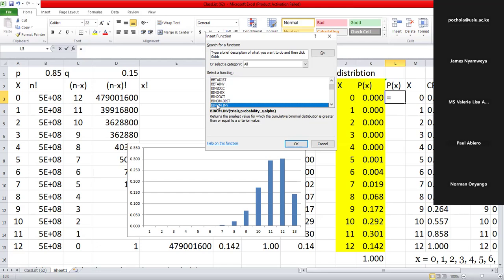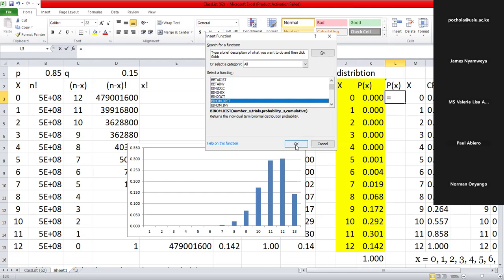You can use this one here, or just binom.dist, but you normally use binom.dist. That's binomial distribution. If you want to type it in, you put an equal sign, then type binom.dist. So I come here and click OK.